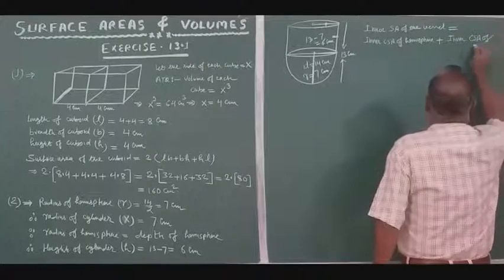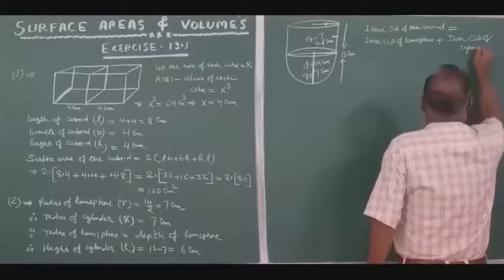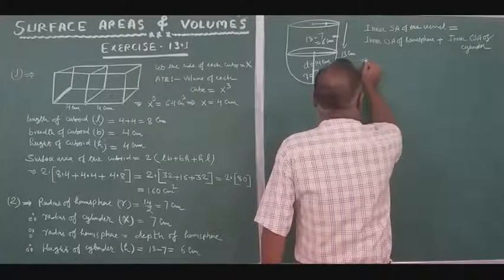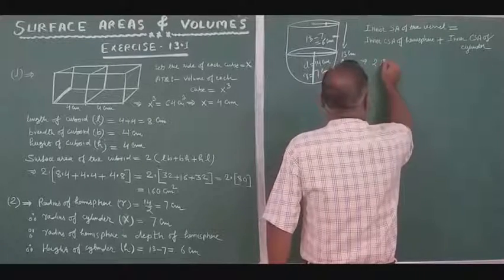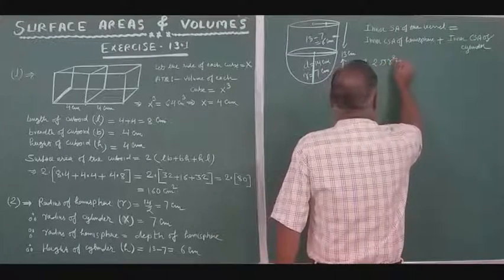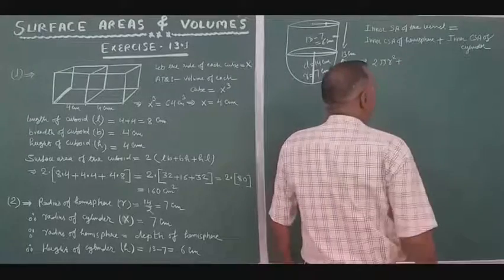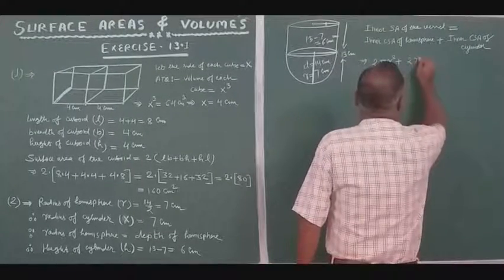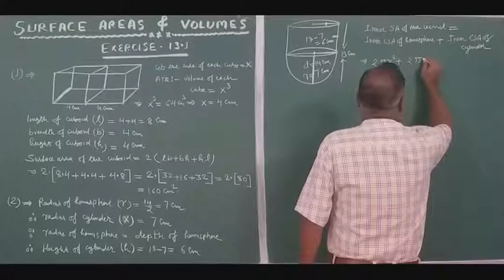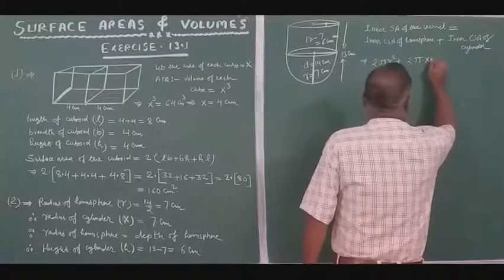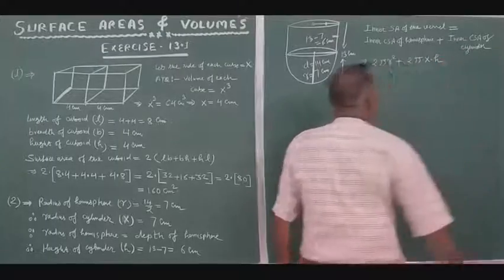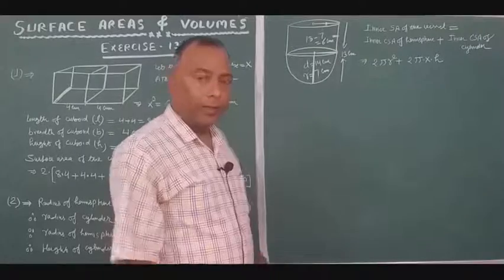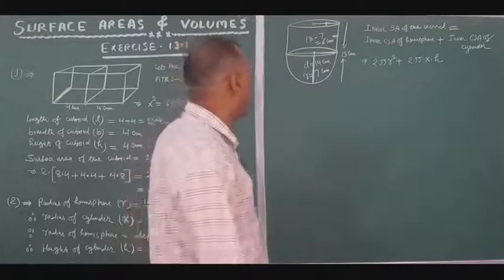The inner CSA of hemisphere is 2 pi r square, plus the inner CSA of cylinder, that is 2 pi into r, which is x here, into height. What is the inner CSA of cylinder? 2 pi into radius into height. Now put all the values.